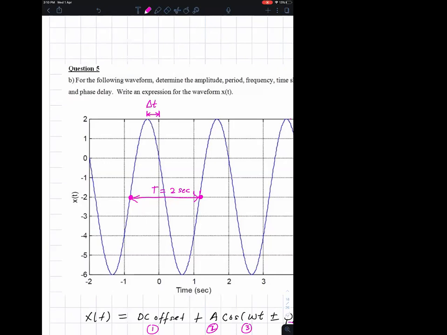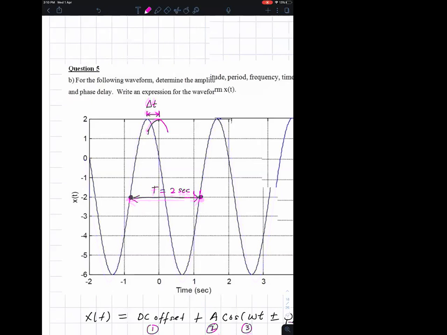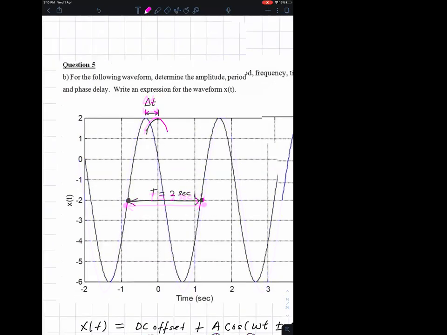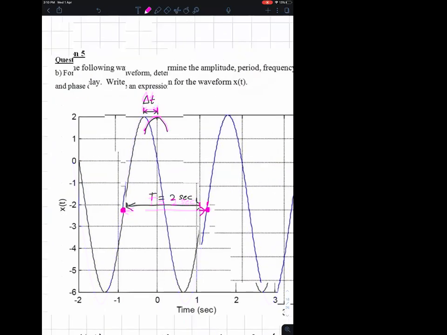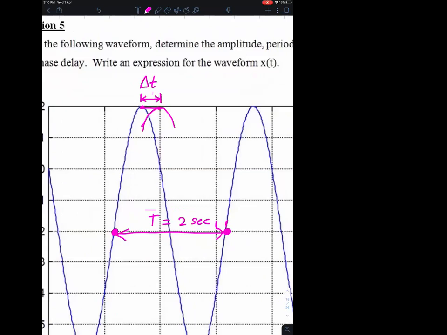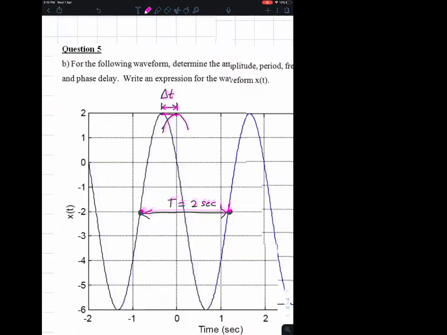It moved slightly to the left because cosine usually begins here, right? Cosine begins here, and now it's moved to this spot right here. Can you guys see that? Yes, sir.